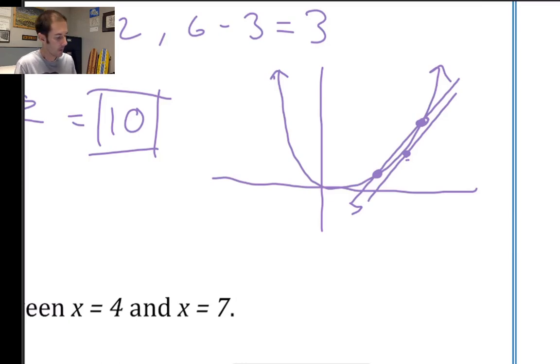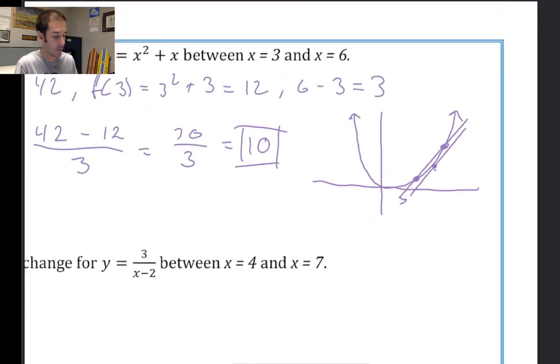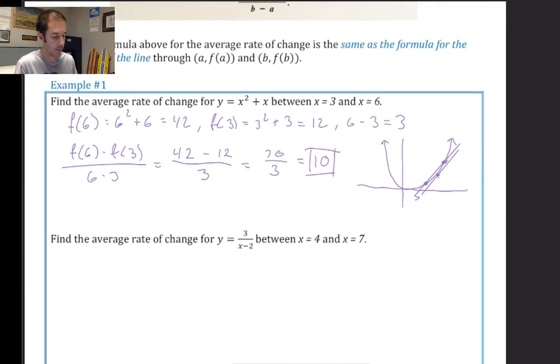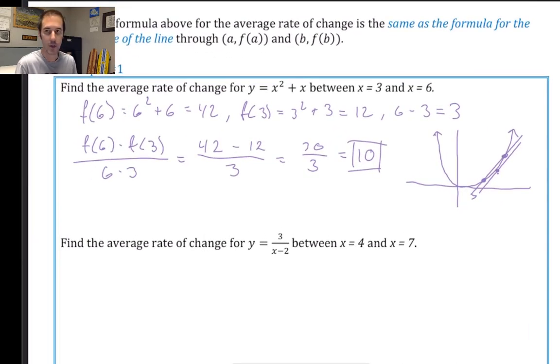And it would be valuable to someone if we could figure out for which x value the slope of the tangent line is the same as the slope of that secant line. In other words, it would be advantageous sometimes to know when the instantaneous rate of change is equivalent to the average rate of change.